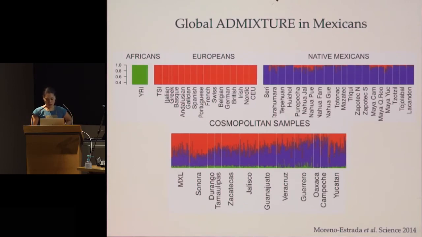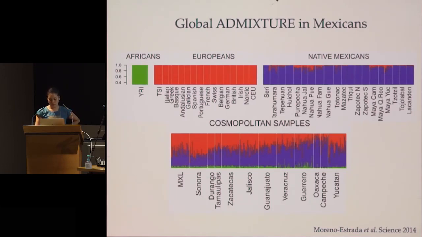He made a very beautiful work characterizing in depth the native components, the blue component here in Mexico, and showing its structure, and a little bit on the European, but he didn't touch on the African aspect of it.